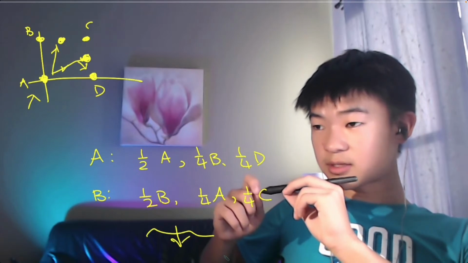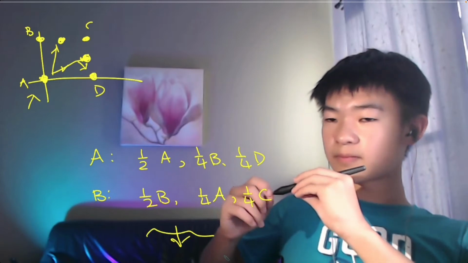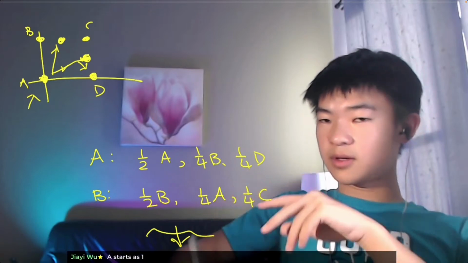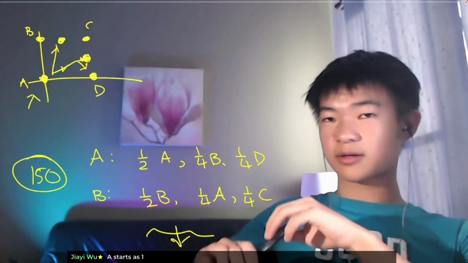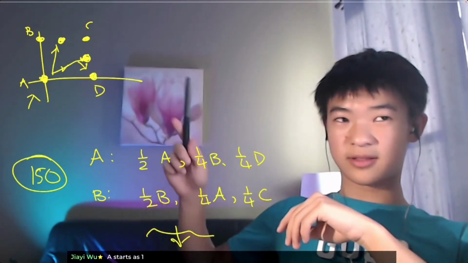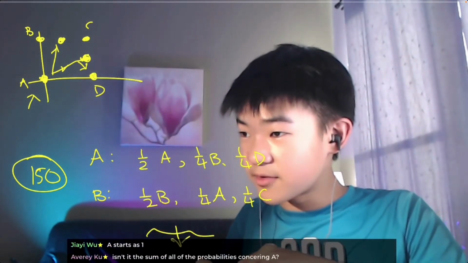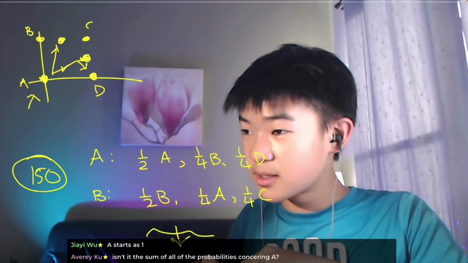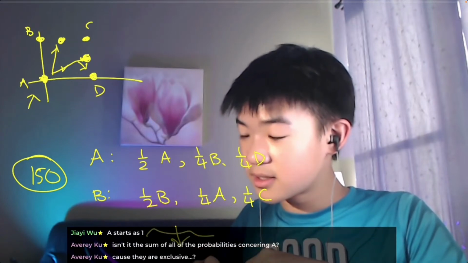The probability that it ends up at A starts as 1. So this is actually 150 jumps, because earlier we eliminated the random between jumps. Isn't the sum of all the probabilities concerning A, because they're exclusive?